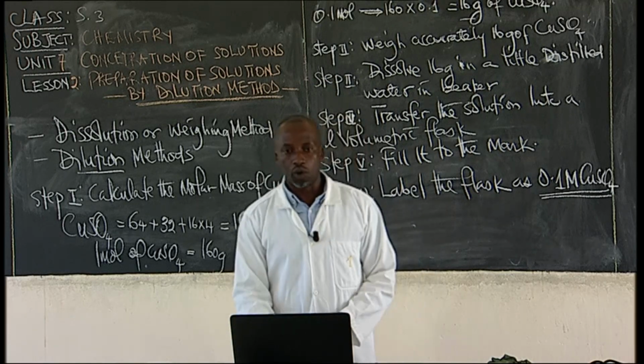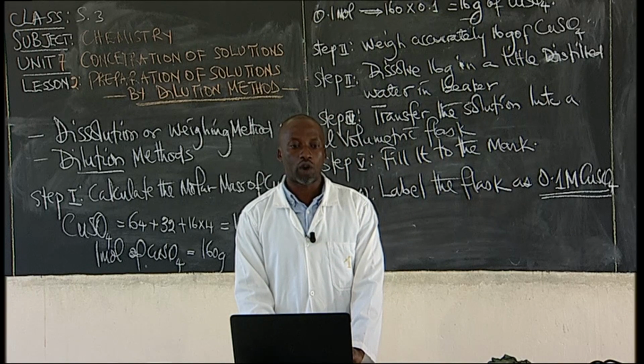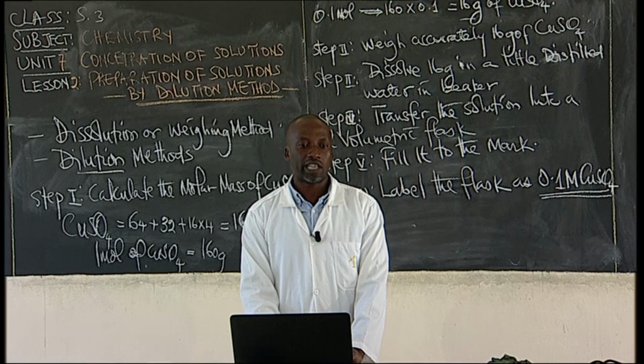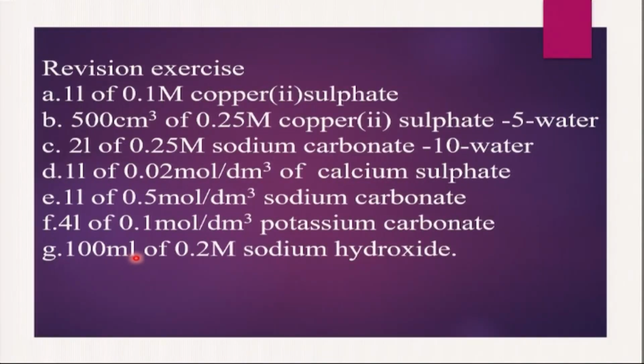Now, I will not be able to look at all of them. I'll just pick maybe the last one, which is 100 milliliters. 1 milliliter is equal to 1 cubic centimeter, take note of that, of 0.2 molar sodium hydroxide.